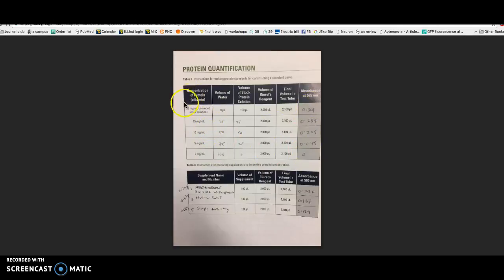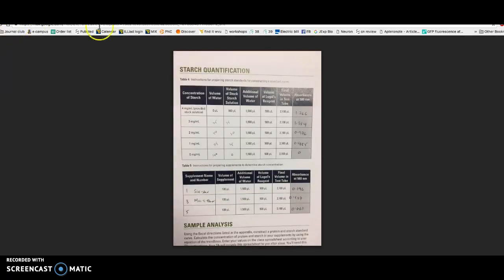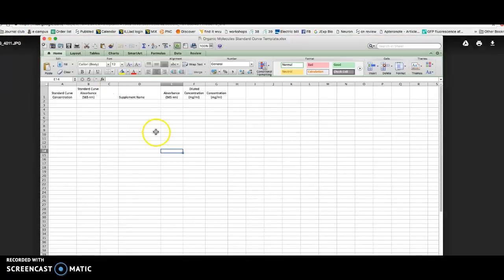So you'll need the concentration of the protein you used and the absorbance you got to make the standard curve. That's the reason I have shared this Excel sheet with you. You're going to put the concentrations here and the absorbance values here and create a standard curve.